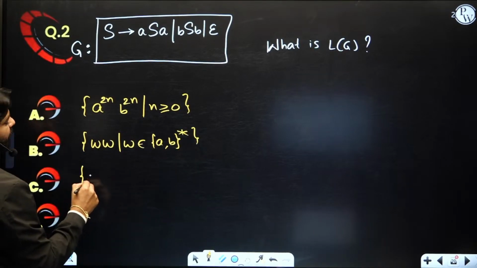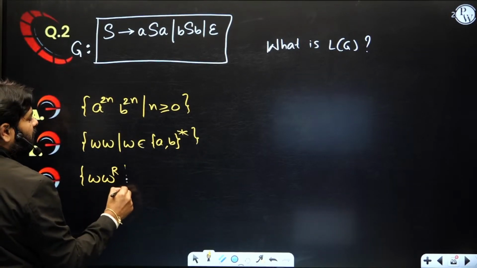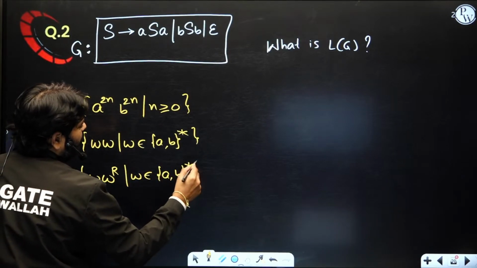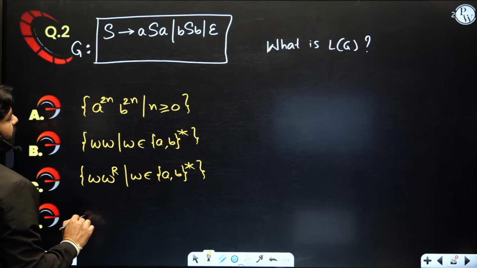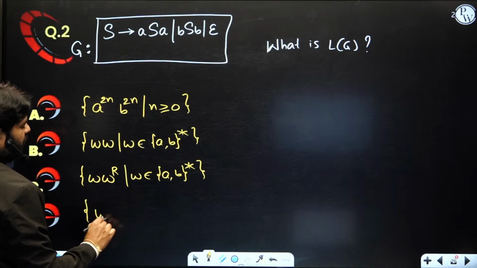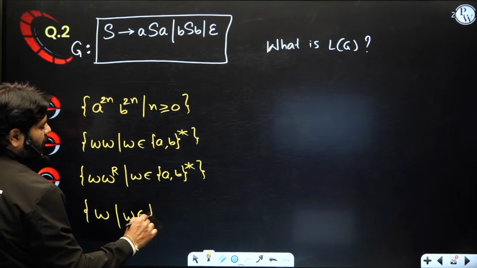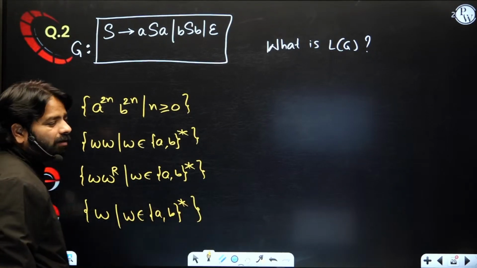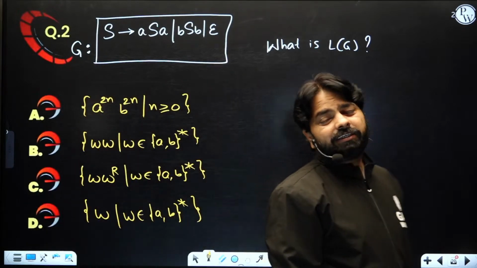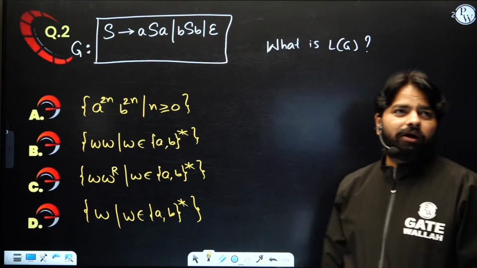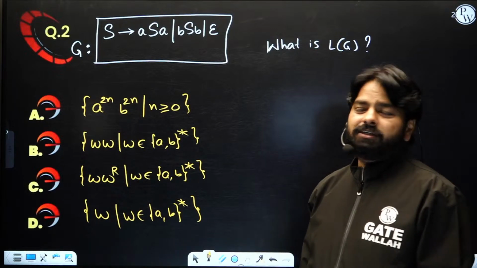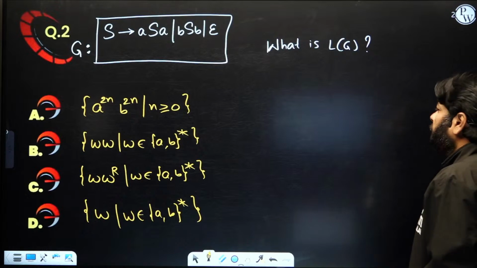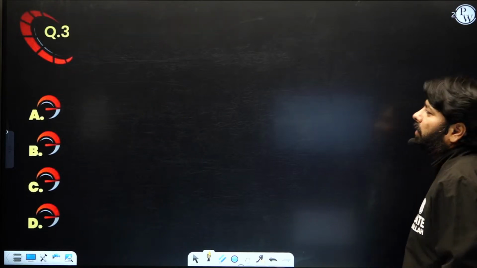Or let me write another way, W W power R such that W belongs to {A, B} star. It's a very famous grammar for the palindrome concept, right? Is it even length or odd length? Again, option C is going to be correct, but just try your own way. Don't ask me the answer right now.